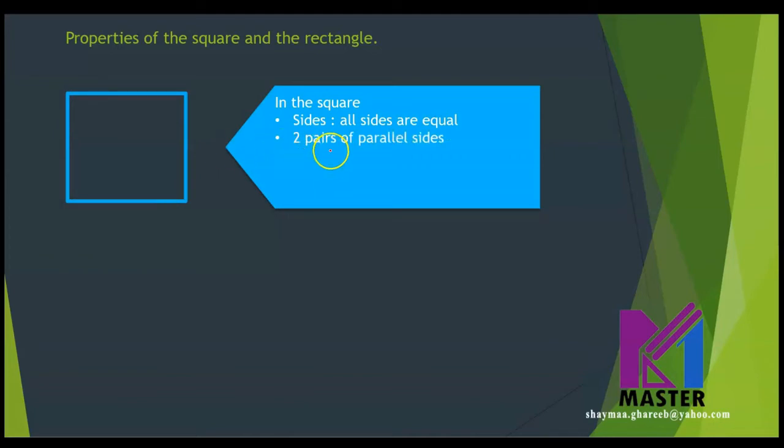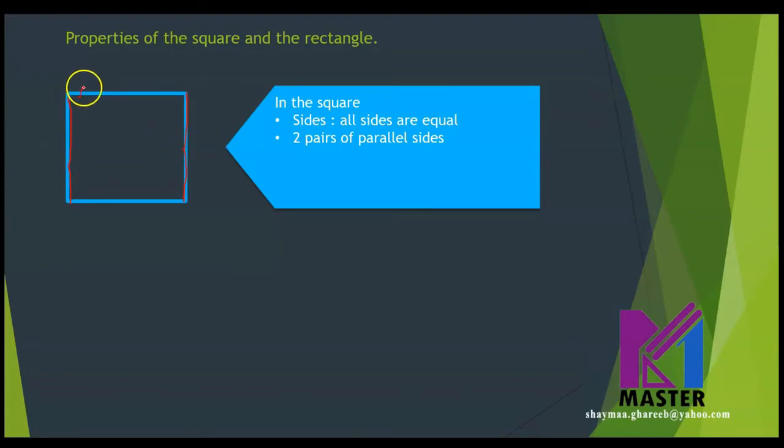2 pairs of parallel sides. I use the word pairs to describe parallel and equal sides in case of different equal sides. What is the meaning of 2 pairs here? Look at this side and this side. They are parallel to each other. They are one pair.